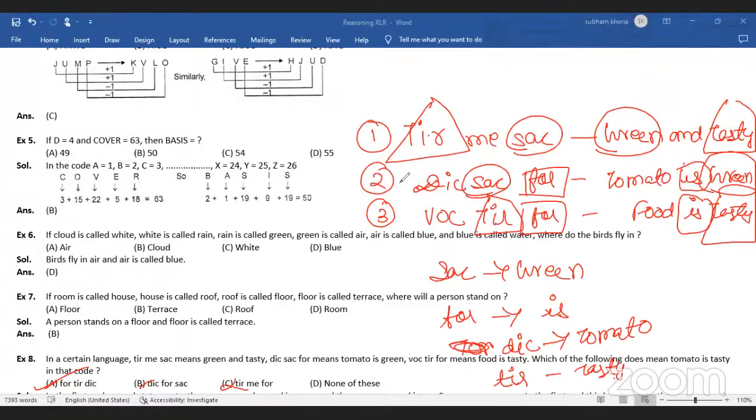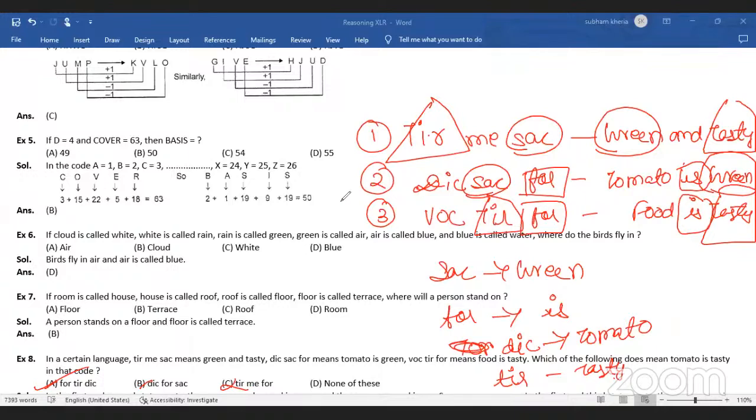Understood? Anyone has any doubt here? Yes, sir. I guess all of you understood, right? Meghana, did you understand now? Yes, sir. Very good.